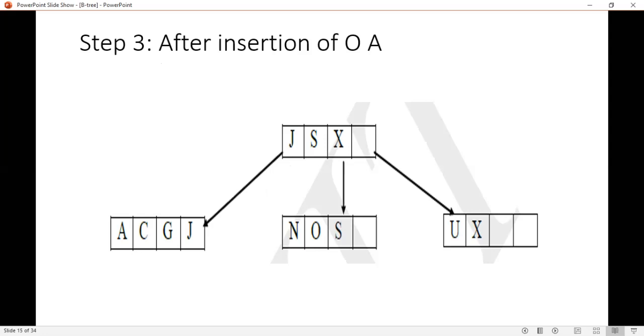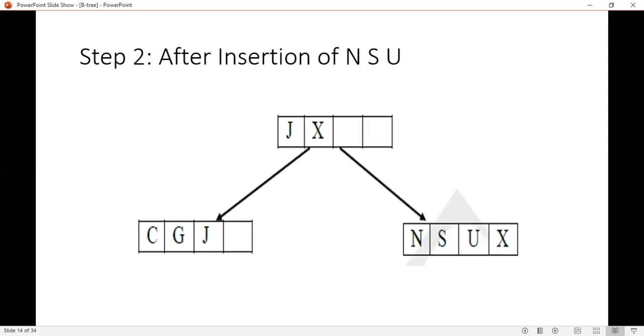Again, after adding one more value, that is A, where to add A, it comes before C, right? Before C you have to enter A. In the left child already only 3 key values are there, so you have one more space where you can insert, so move C, G, J, and in the first position you insert A there, okay.